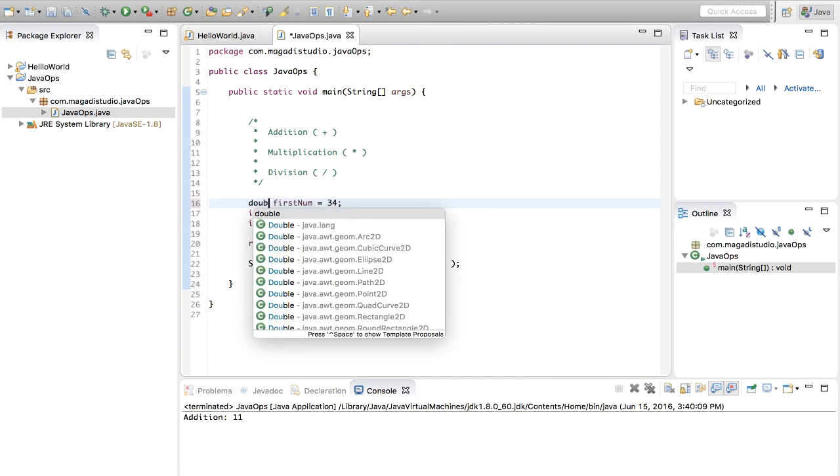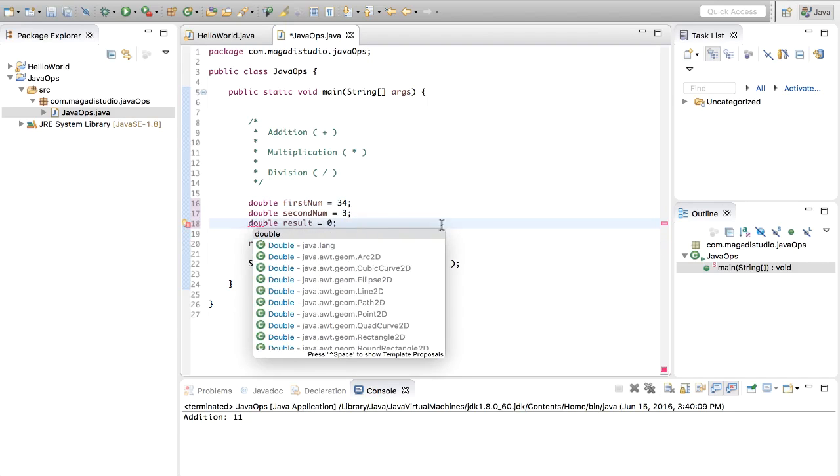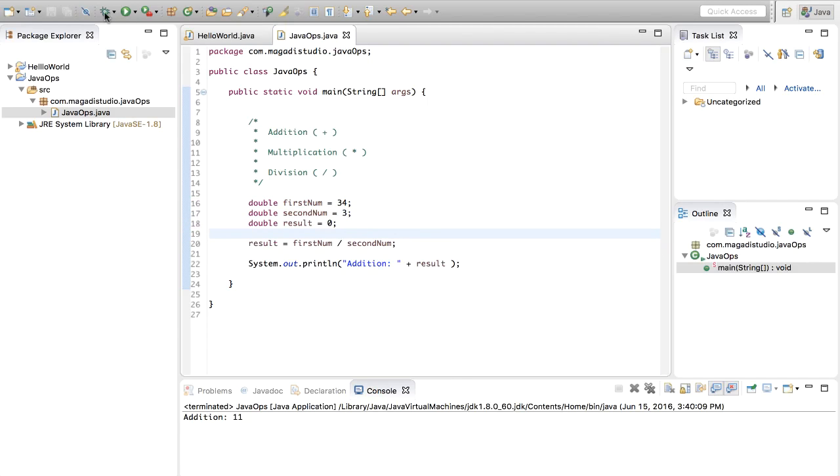So if we change this to double, and change this to double as well, and let's change this to double. Okay, let's save this. If we run, we should see 11.33333.